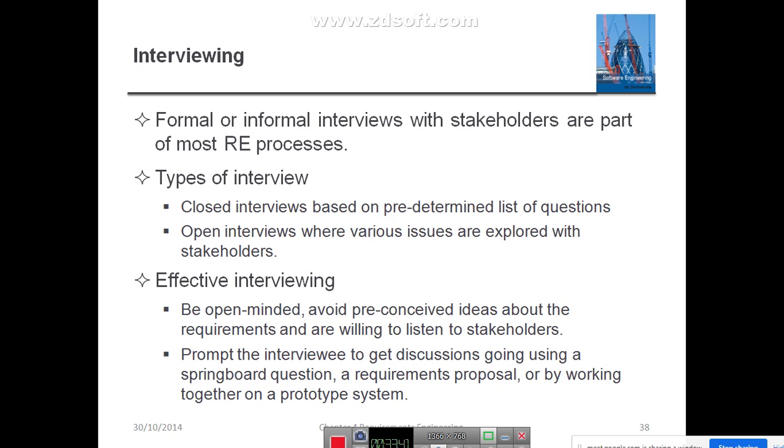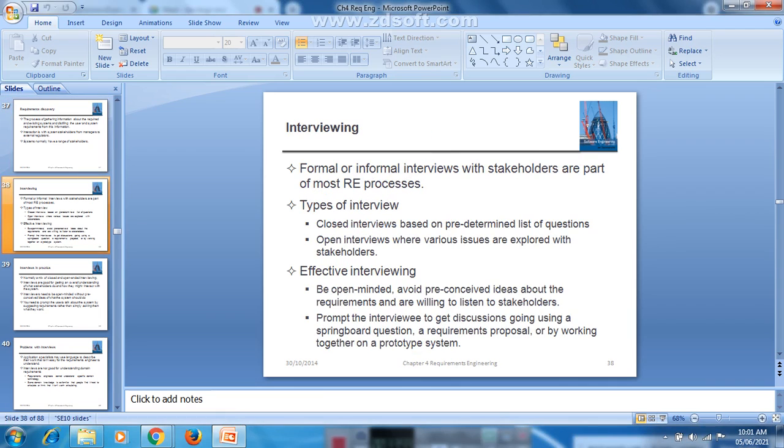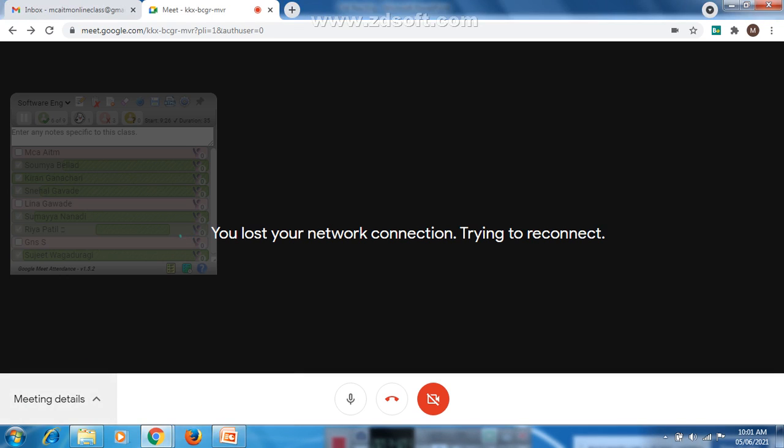Requirement discovery is nothing but the process of gathering information from the different kinds of stakeholders, so that depending upon that information you distill which are the user requirements and which are the system requirements.